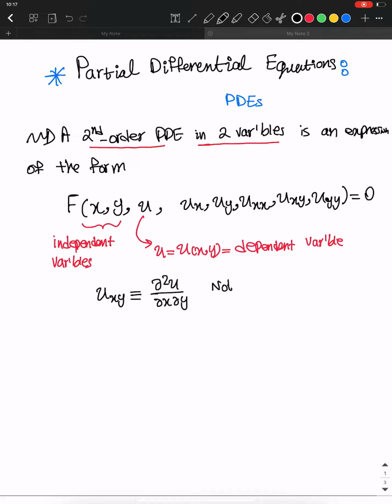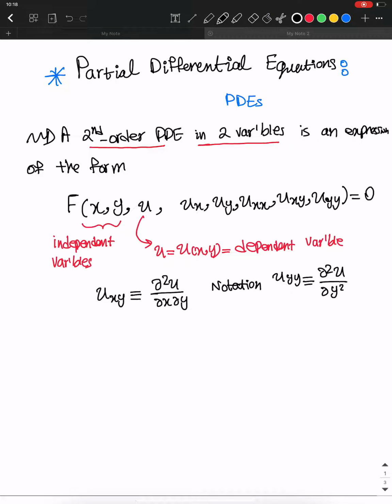Similarly for other terms like uyy, it's going to be the second partial derivative of u over partial y squared. So this is just some notation, and this is a general form of a PDE that we define here.